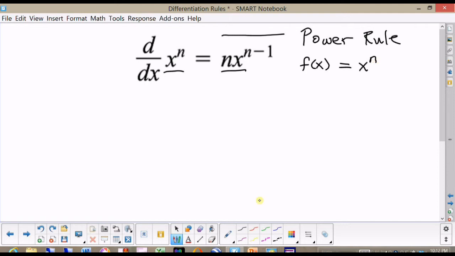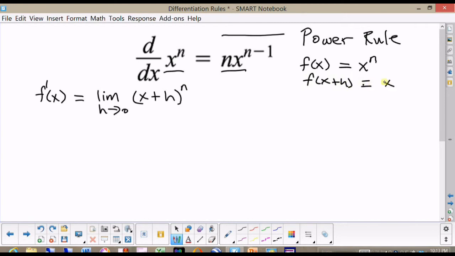We have to calculate f prime of x is equal to the limit as h approaches 0 of f of x plus h to the nth power. Notice that's f of x plus h is x plus h to the nth power. Then we subtract off f of x and divide by h and try to calculate this limit.